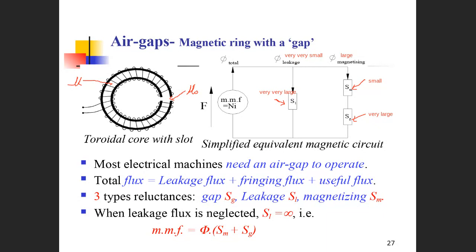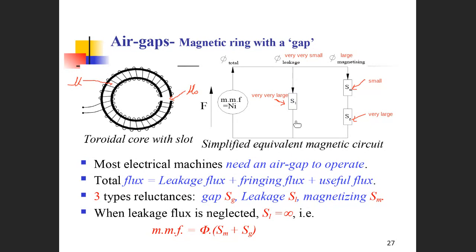Okay, so look at here. In comparison, because here there's no figure, some students may get confused. Generally the leakage reluctance is very large. So sometimes you can think that this branch is an open circuit.